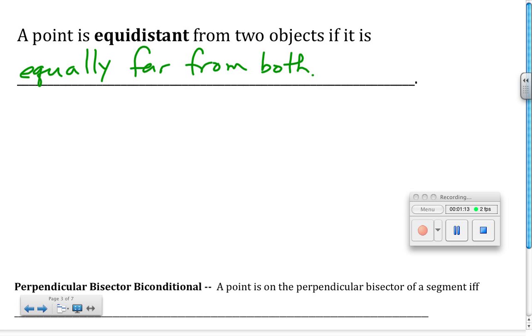If the objects that I'm talking about are two points, let's put the phones away, please, let's say this is point A and this is point B. This point X would be equidistant from points A and B if this segment is congruent to this segment.